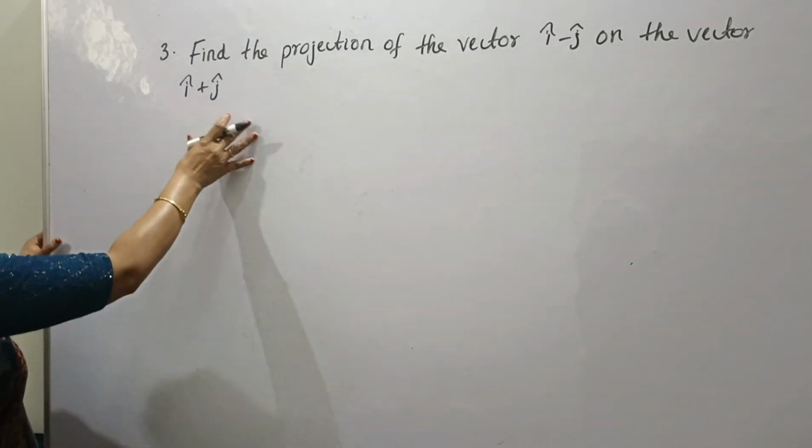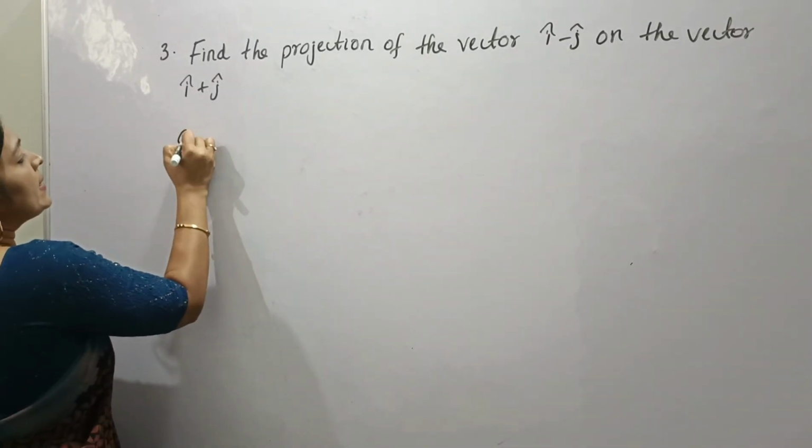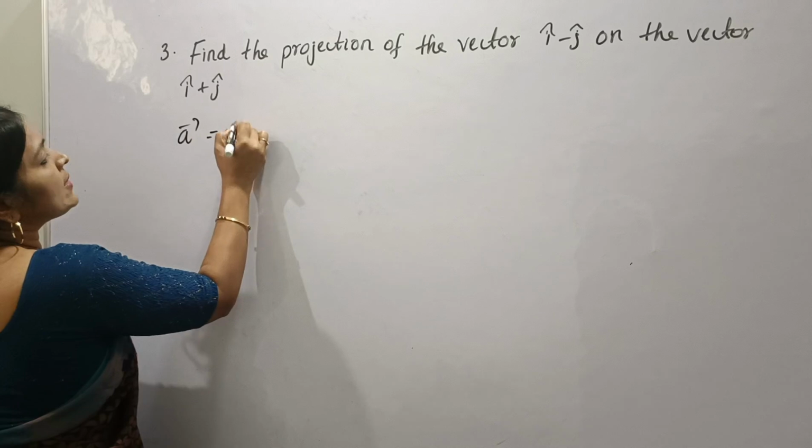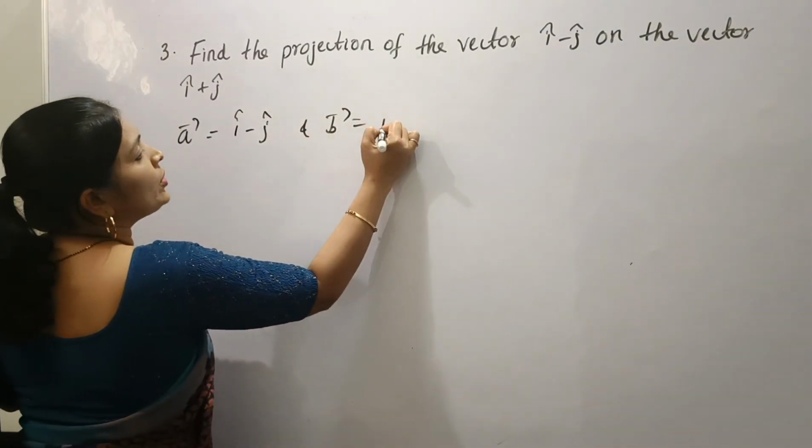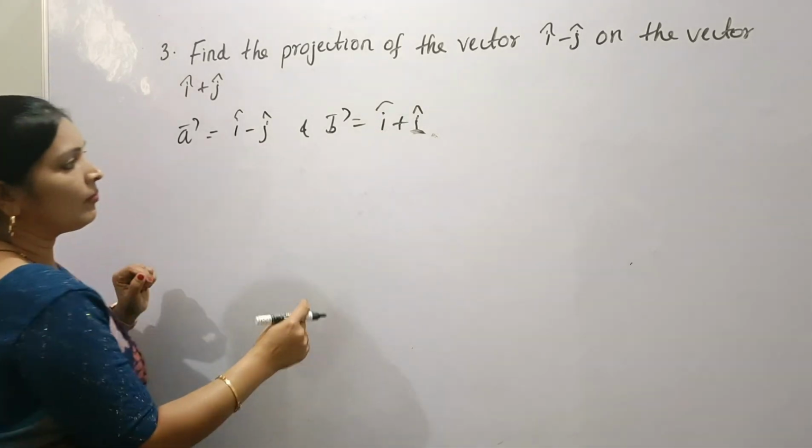So here, first of all, let vector A be equal to i minus j and vector B be equal to i plus j.